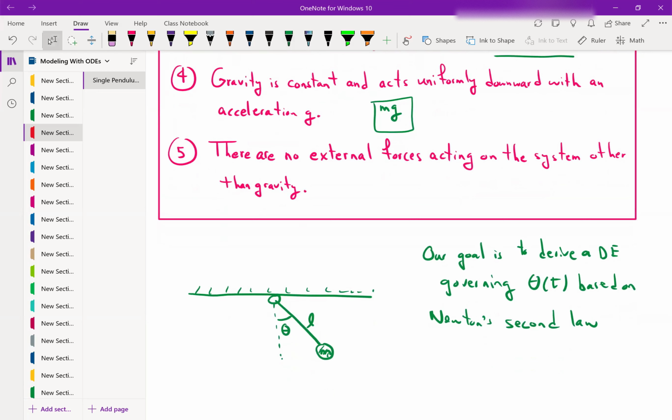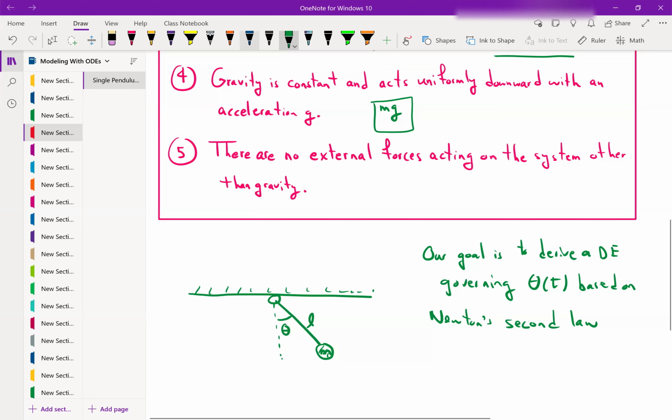All right, one more comment that I want to make before setting up my coordinate system and then drawing the free body diagram. The other comment is about a certain convention for measuring the angle theta. I'm going to assume that theta is varying from negative pi over 2 to pi over 2.